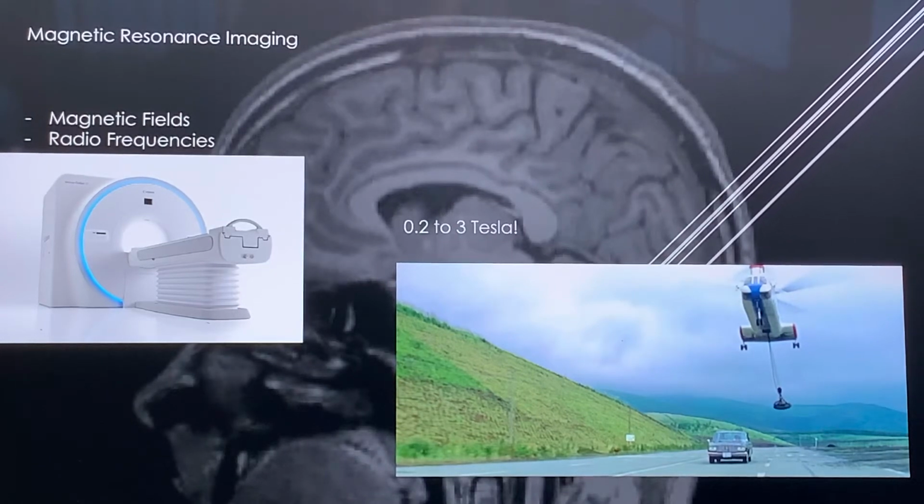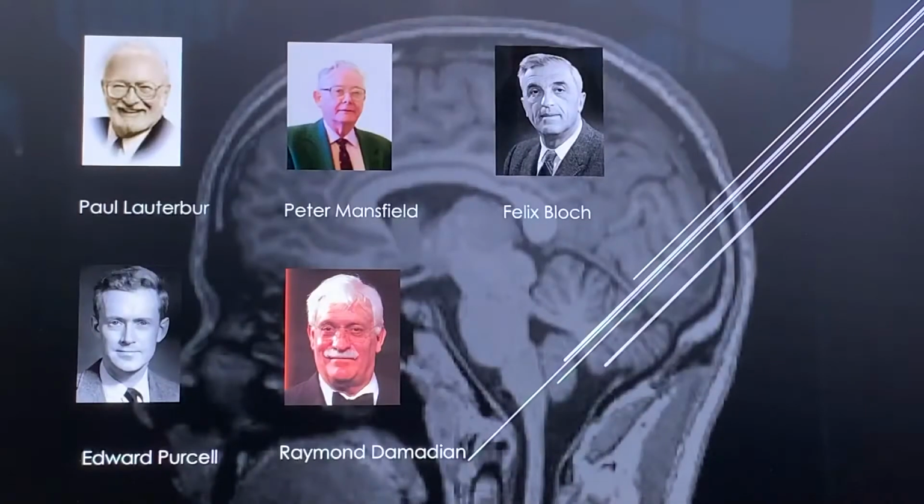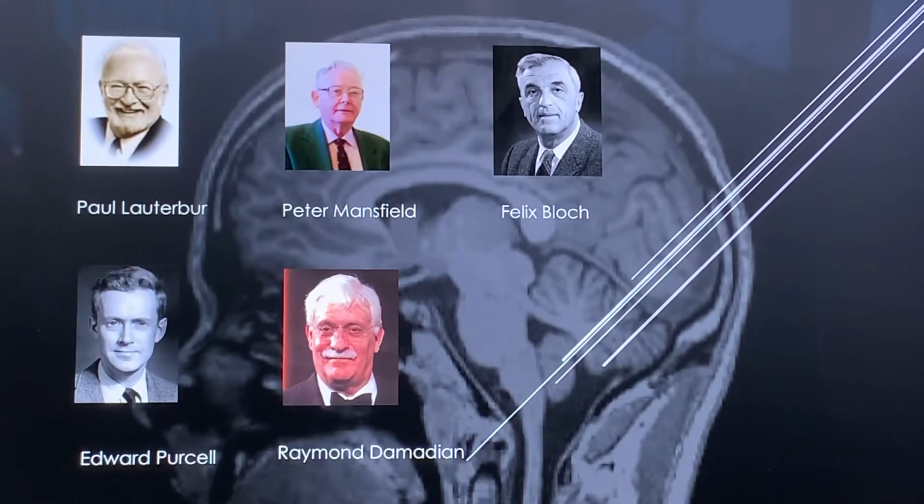For decades, magnetic resonance, which was developed by Felix Bloch and Edward Purcell, was used mainly for studying the chemical structures of substances, and it wasn't until 1971 that magnetic resonance techniques were developed to be used on the human body.